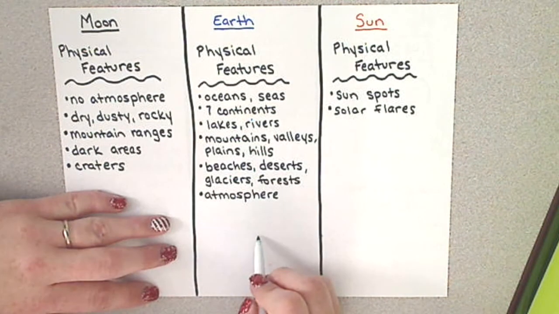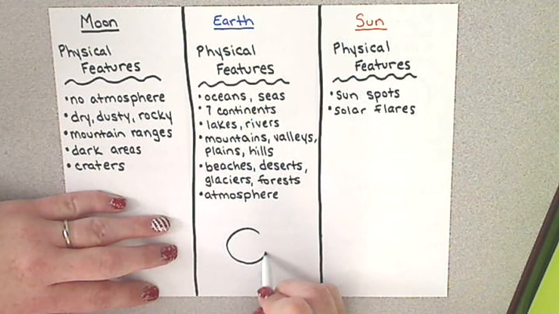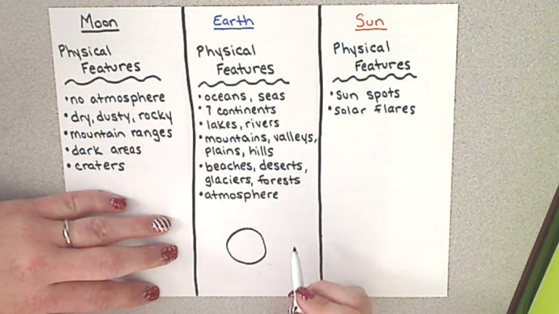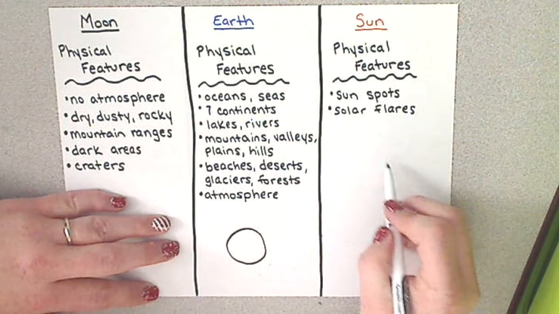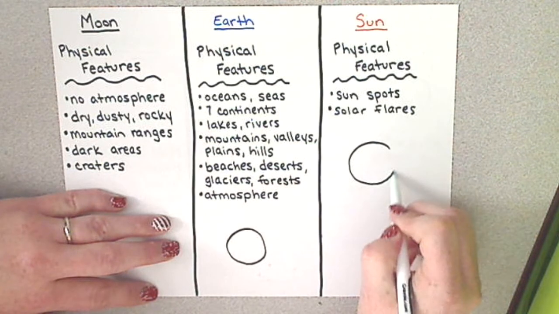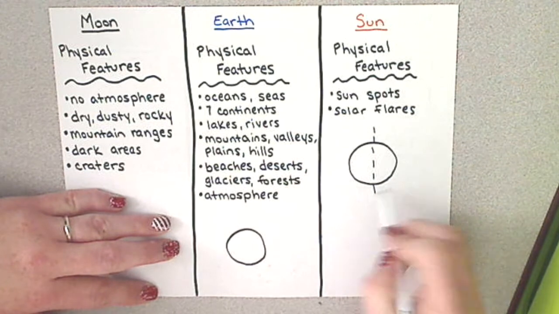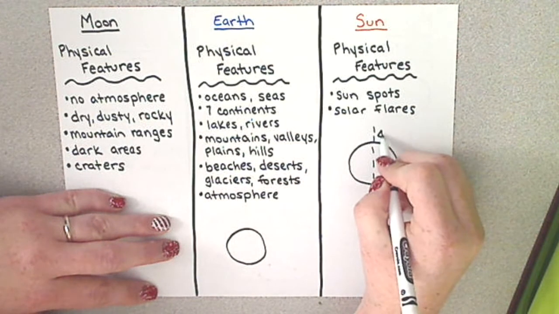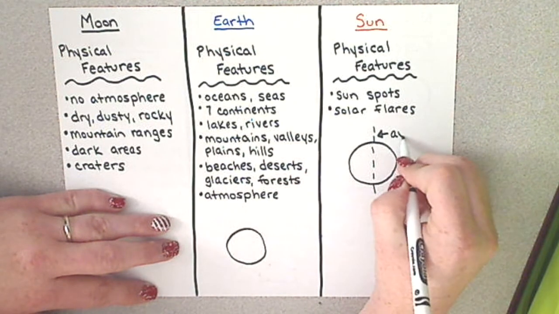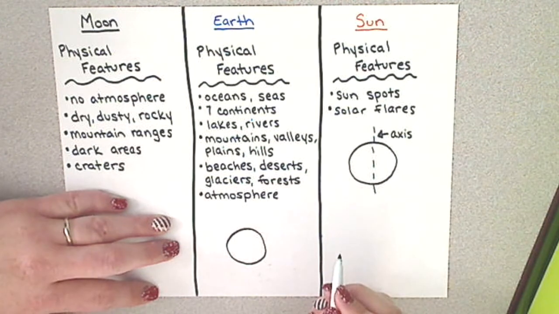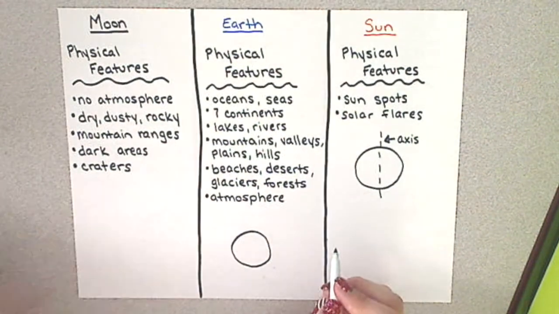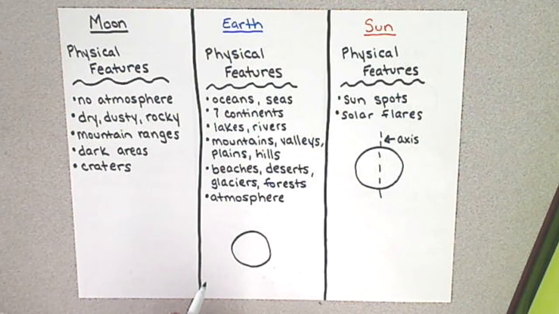Now, Earth's axis is not straight up and down. The sun's is. The sun's axis goes straight up and down. But the Earth's is tilted. It's not straight up and down.